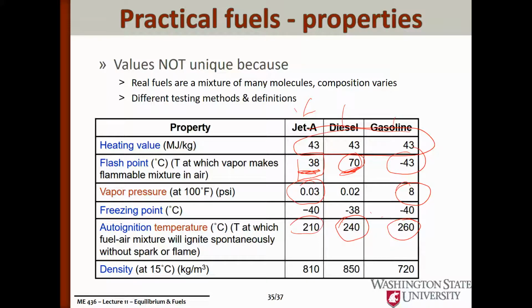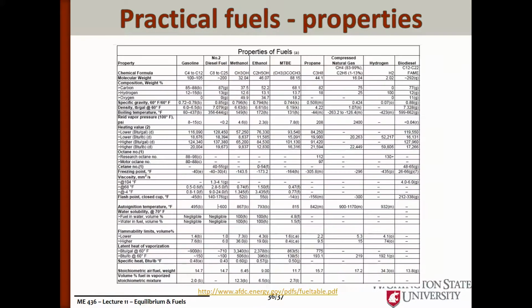And jet fuel, they want to burn that really easily, so it generally has a low auto ignition temperature. The density is more a product of tailoring these other attributes, but they generally fall in the same range, gasoline being the lightest and lowest density. The other fuels are denser.